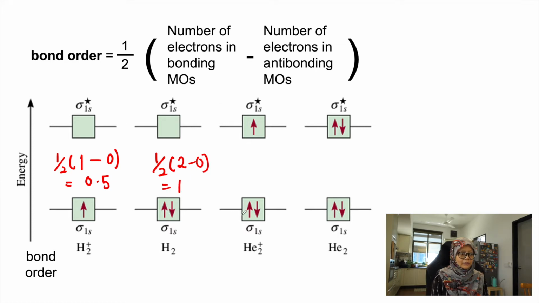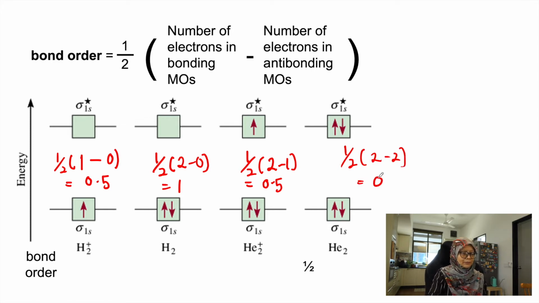For He2 plus, this is half times 2 minus 1, which is 0.5, while for this one it is half times 2 minus 2, equal to 0. So the bond order of the first one is half, the second is 1, the third is half, and the last equals 0.